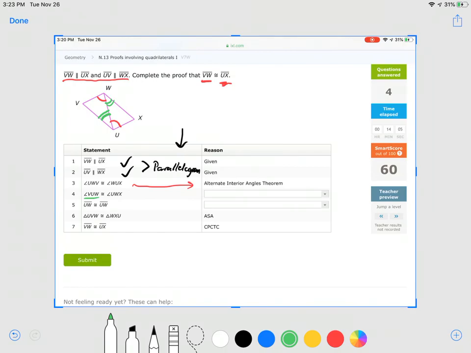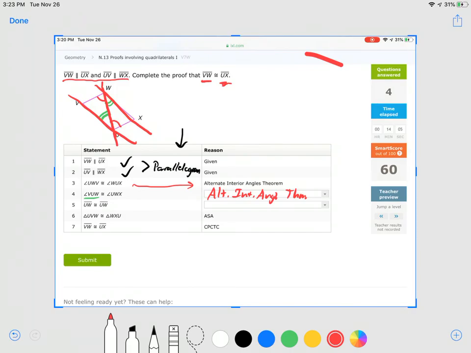Those two are made up of this side and these sides, and notice that that's a transversal with two parallel lines. So that's for the same reason as line 3. The two green angles are alternate interior angles, so this is the alternate interior angles theorem.